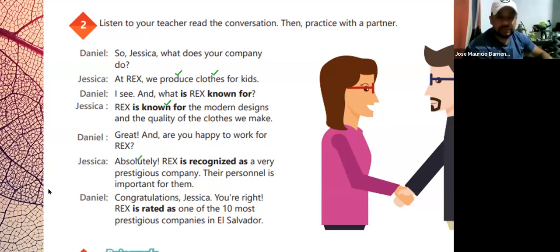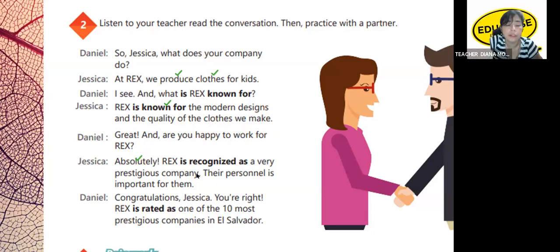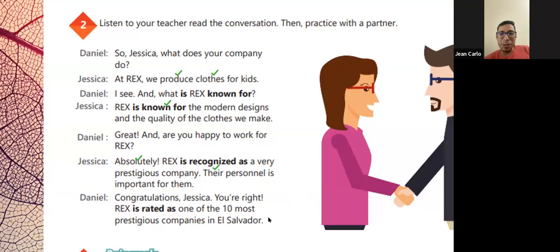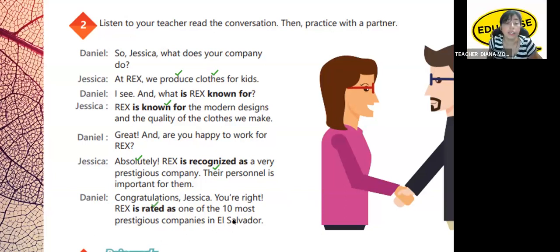Rex is recognized as a very prestigious company. Their personnel is important for them. Congratulations, Jessica. You are right. Rex is rated as one of the 10 most prestigious companies in El Salvador. Okay, very good.